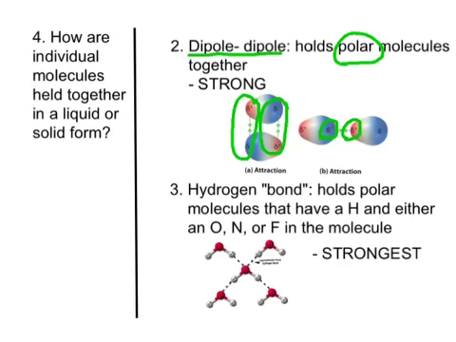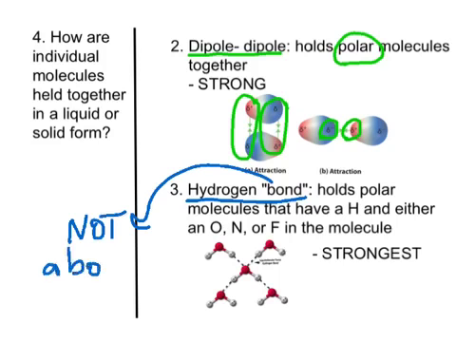And the very last one that we're going to discuss is called a hydrogen bond. I put "bond" in quotations because, remember, it is not a real bond. It's not two atoms coming together to make a bond like we've been talking about. It's just a very, very strong intermolecular force. In fact, it's the strongest one that holds polar molecules together, and it's called a hydrogen bond because it must have a hydrogen in it and another highly electronegative atom like oxygen, nitrogen, or fluorine.